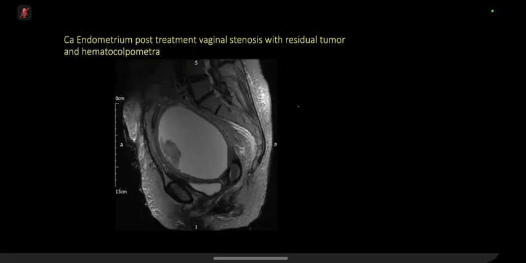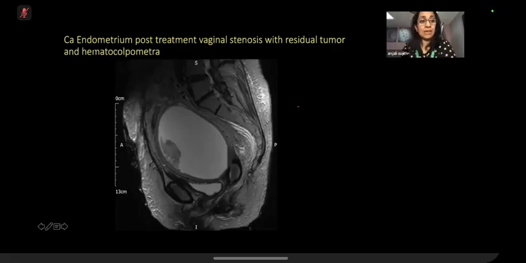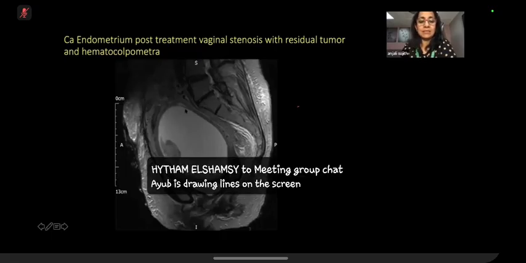Yeah. In the context of hematocolpometra, could this be a clot? No, we have already given the diagnosis. So there is hematocolpometra and residual tumor. So I would like you to describe the findings, the uterine and cervical findings. So we know the diagnosis.